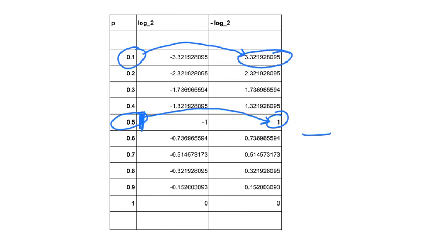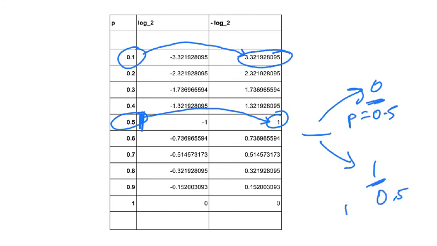If you were to randomly generate its value, it will be either 0 or 1. The probability of 0 is 0.5, the probability of 1 is 0.5 as well. So this value 1 might have to do with the number of bits that we require to store events with a particular probability.